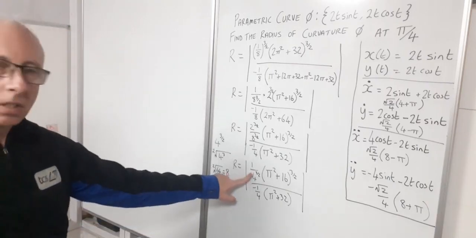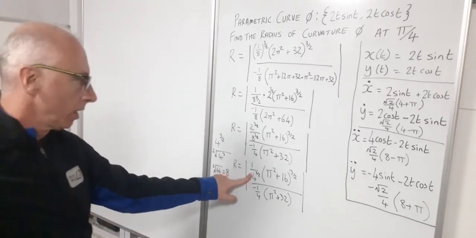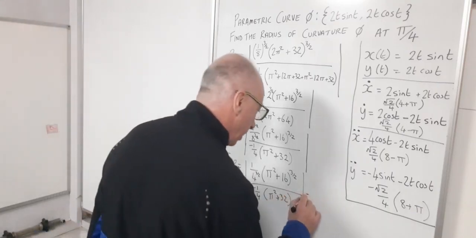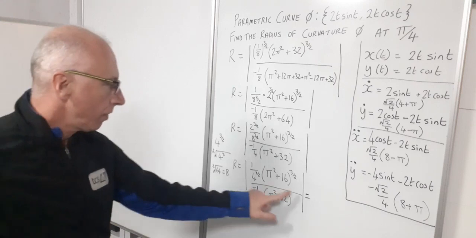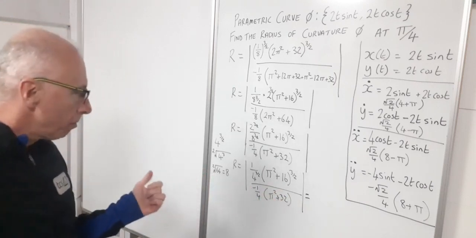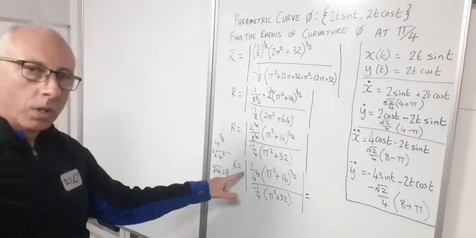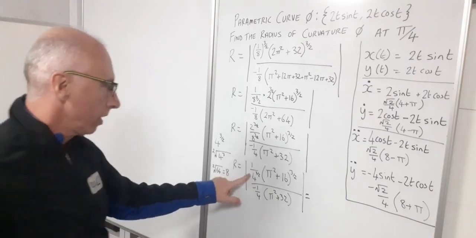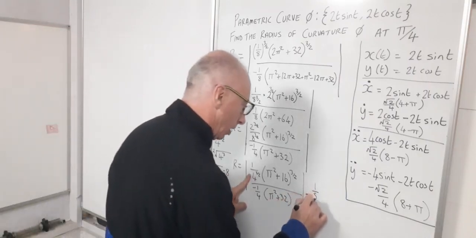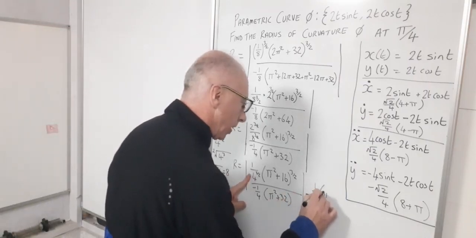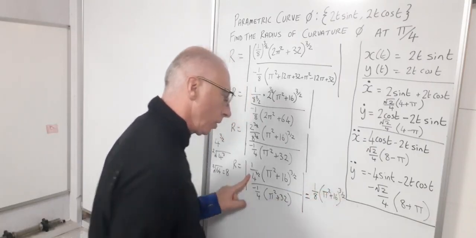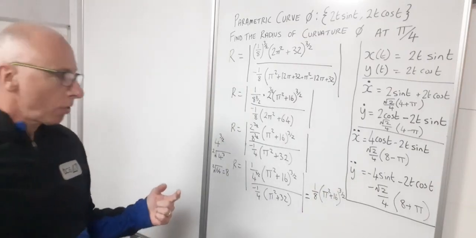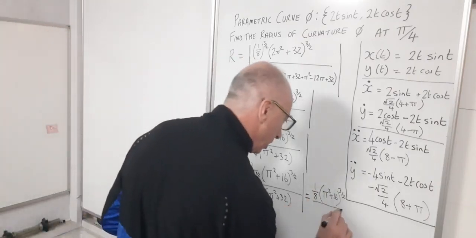So this just becomes 1 over 8. Let's put my answer here now, because I'm ready to work on this. The absolute value I'm going to get rid of in a moment. So 1 over 8 times pi squared plus 16 to the power of 3 over 2. That would be my numerator without the absolute value.